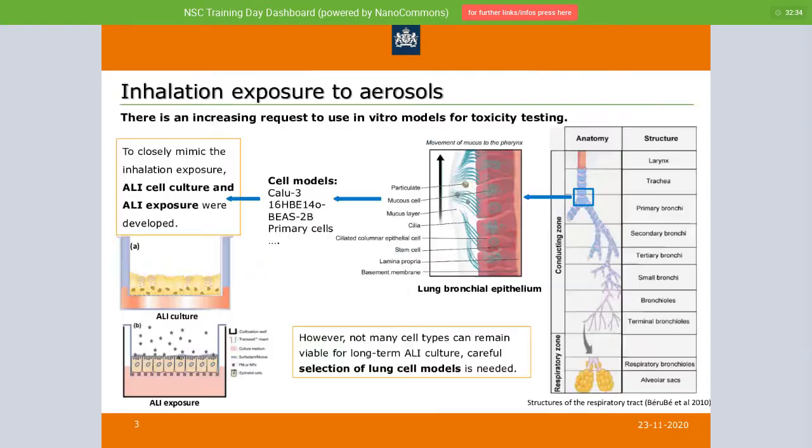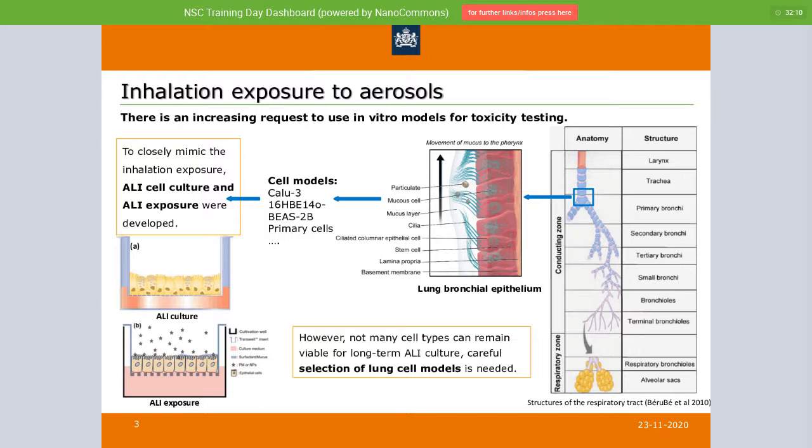Here is some background. As we know, inhaled particles can deposit onto the lung bronchial epithelium. So our study focused on lung bronchial epithelial cell models to evaluate the inhalation exposure.